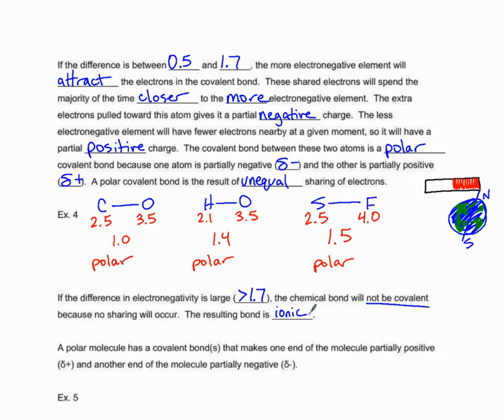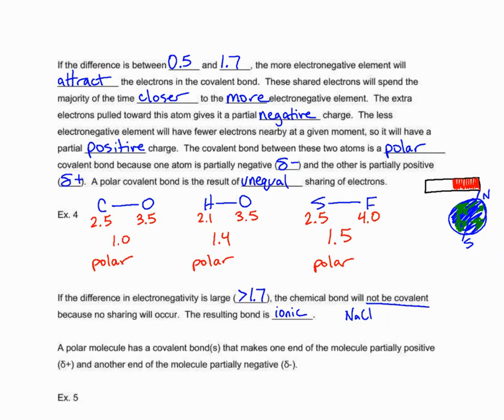So I'll just give you one quick example. If you look at sodium chloride, it forms an ionic bond, not a covalent bond. And you'll notice I didn't draw a line between them. A line would indicate a covalent bond.